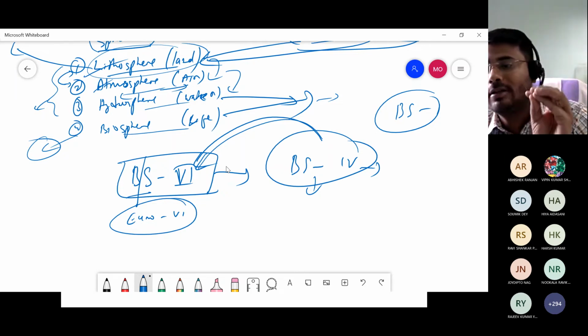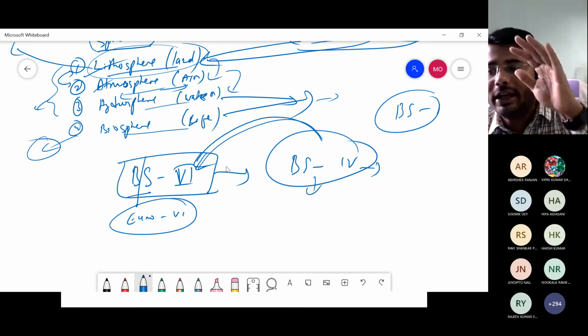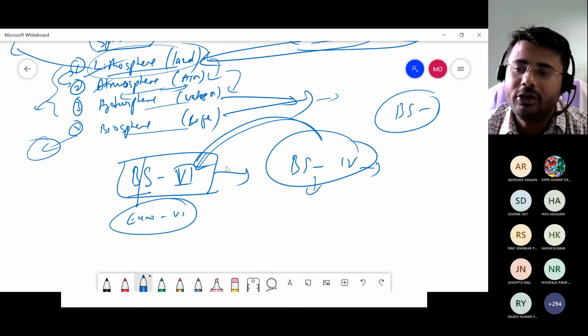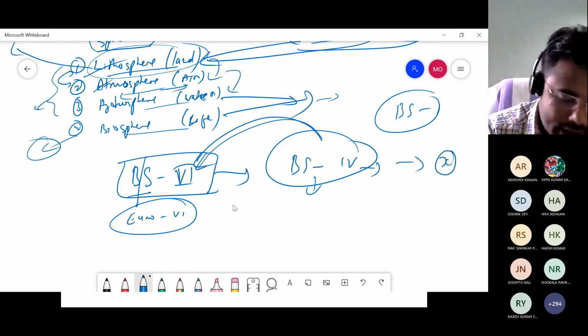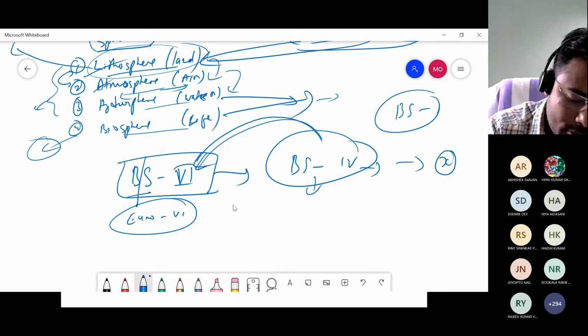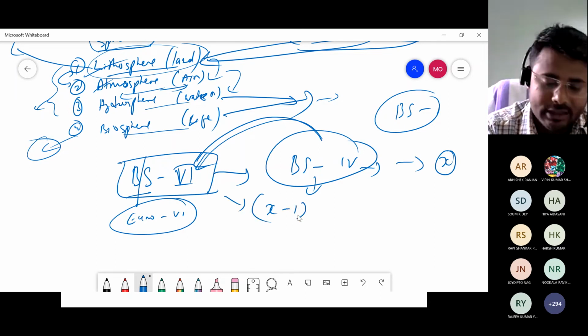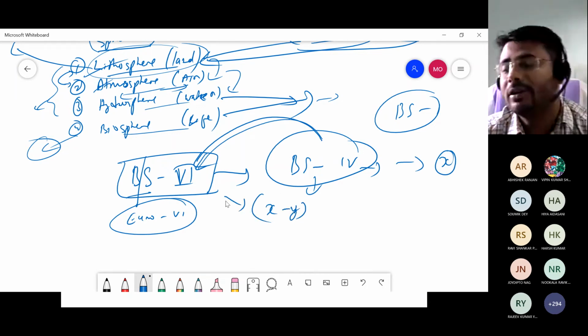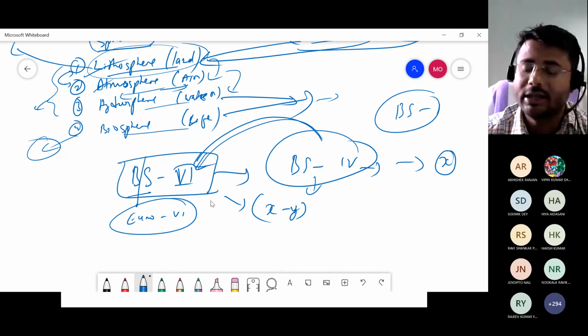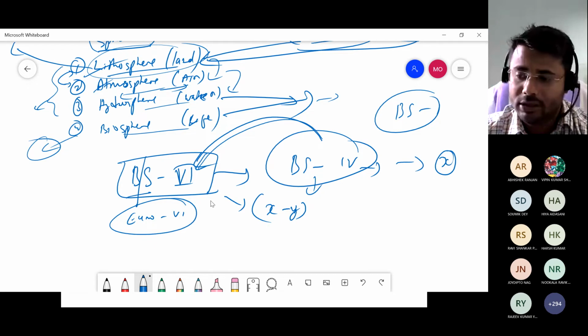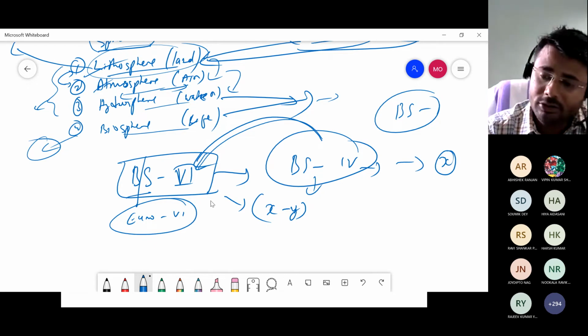BS6 norms means all the pollutants have to be reduced. If the amount of pollutants was X, it has to be reduced to X minus Y. That means some value has to be reduced. So that is the basic norm. Is this understood?